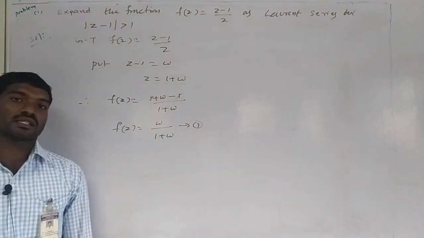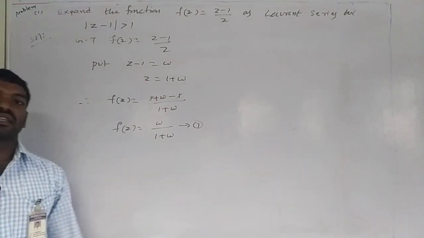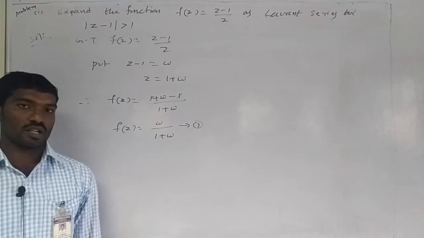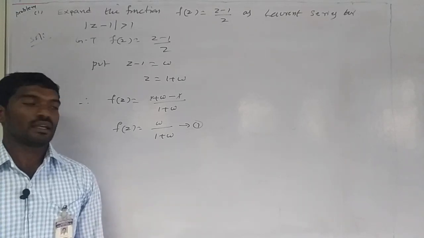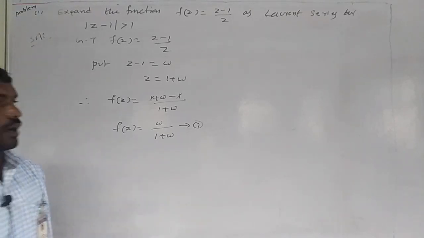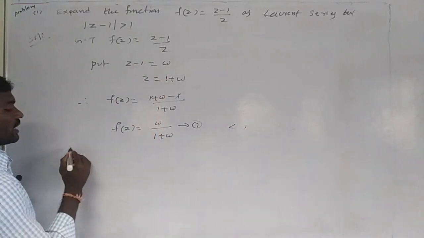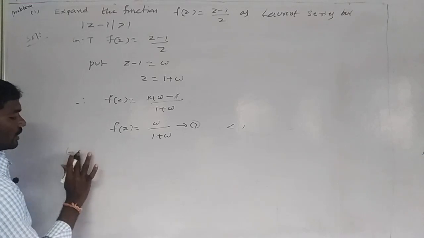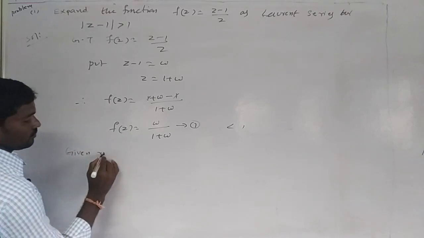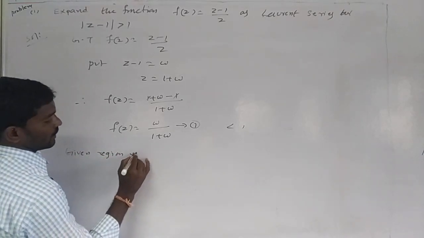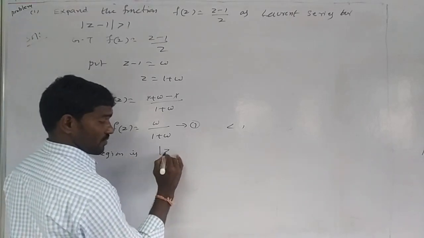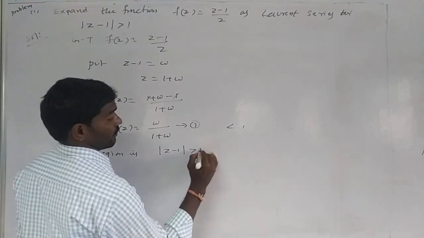In Laurent series, in the denominator we can take either the constant term or the z term as common depending on the region. Here the region must be in the form of less than 1. So according to the given data, the given region is modulus of z minus 1 greater than 1.